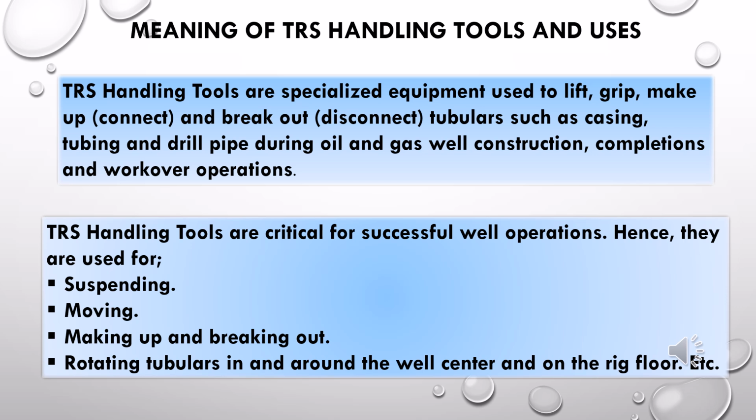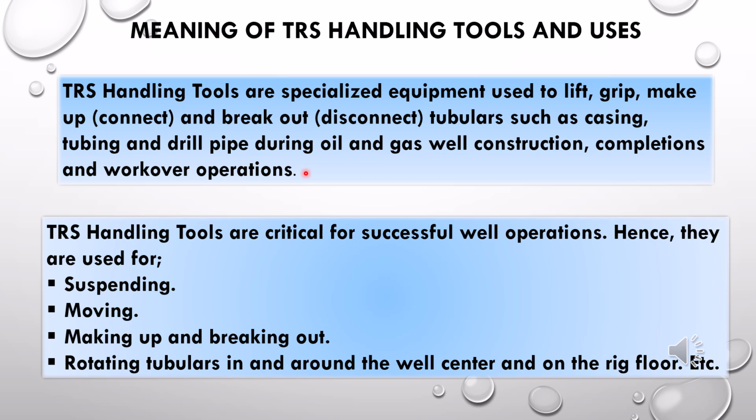Meaning of TRS handling tools and uses. As we see, the TRS handling tools are specialized equipment used to lift, grip, make up, and break out tubulars such as casing, tubing, and drill pipe during oil and gas well construction, completions, and workover operations.